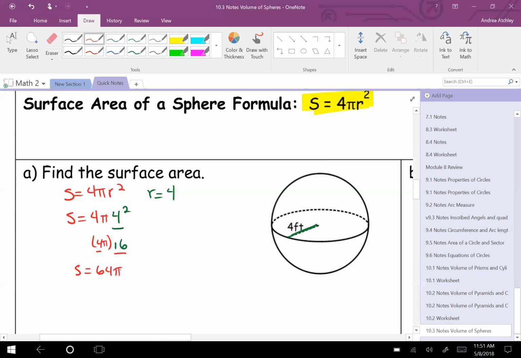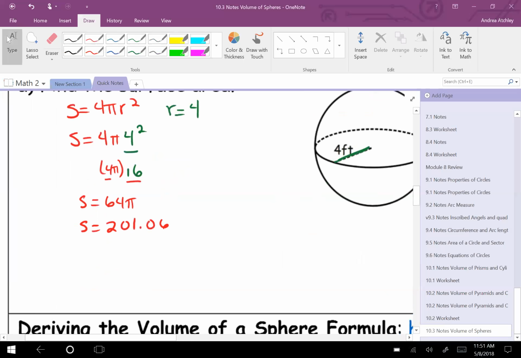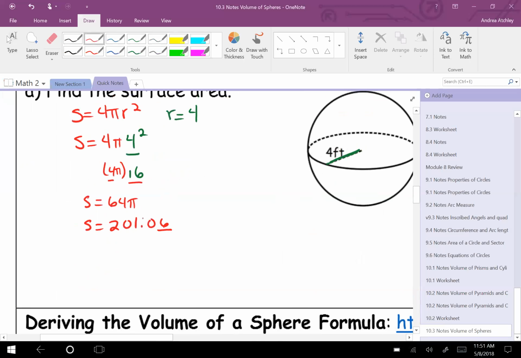Then I'm going to plug it into my calculator. So I have my surface area equals 201.06. Does the 6 make the 0 move up? Yes. So my surface area is 201.1 feet squared. Area is squared, volume is cubed. Any questions over that?